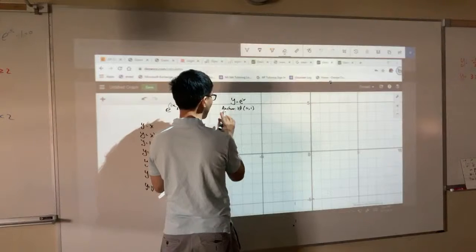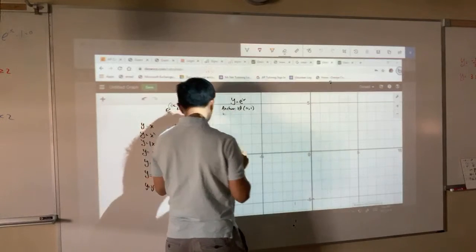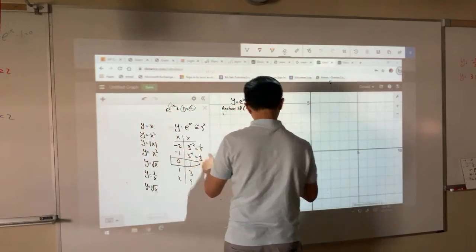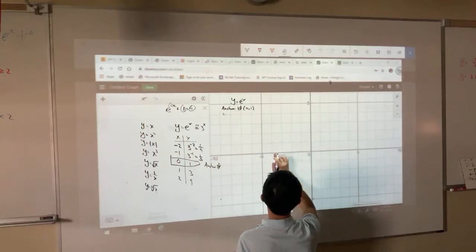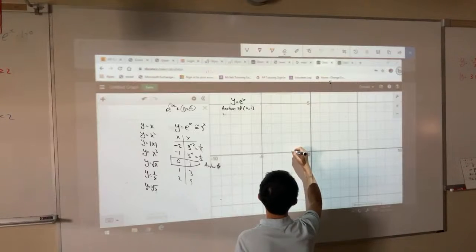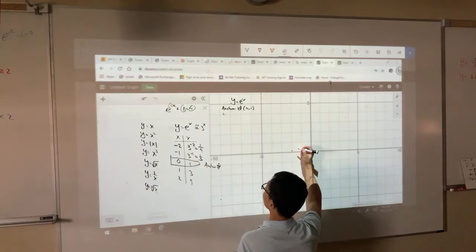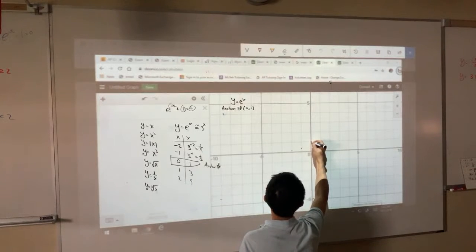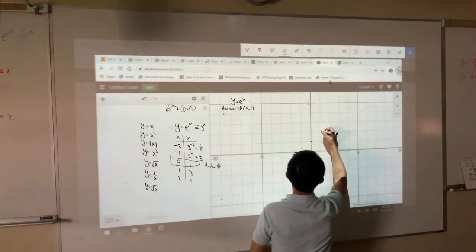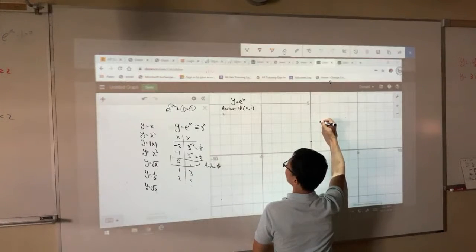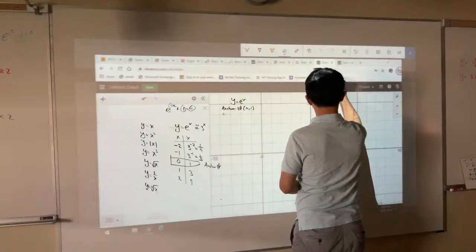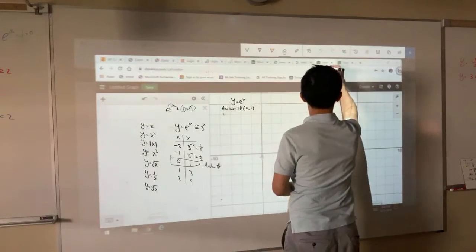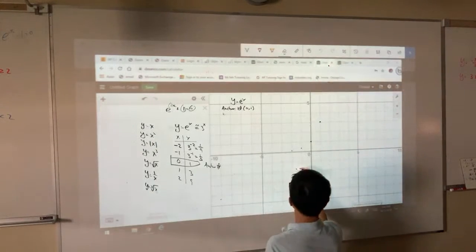First of all, let's plug in the graph first. At -2 it's 1 over 9, so -2 is right here, and 1 over 9 is really close here. 1 over 3 is something like this, and then like this, and like this, and roughly here, or higher.